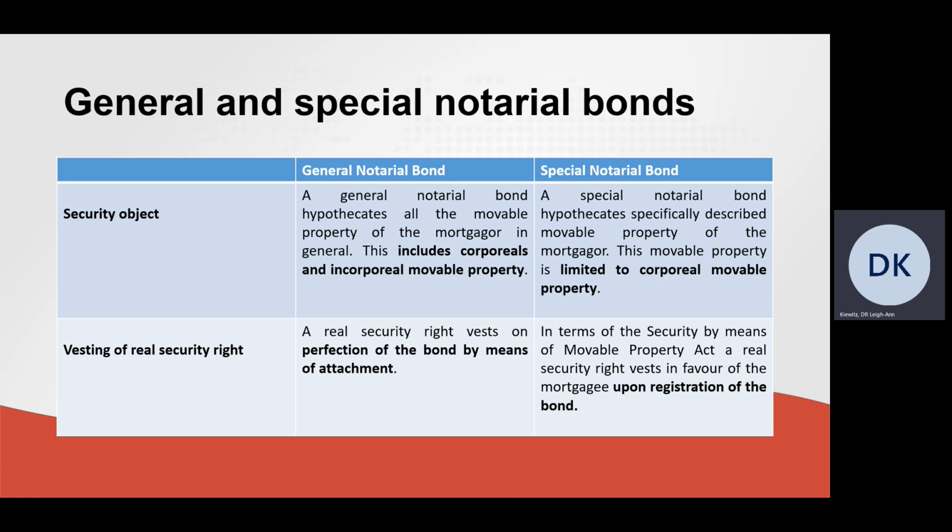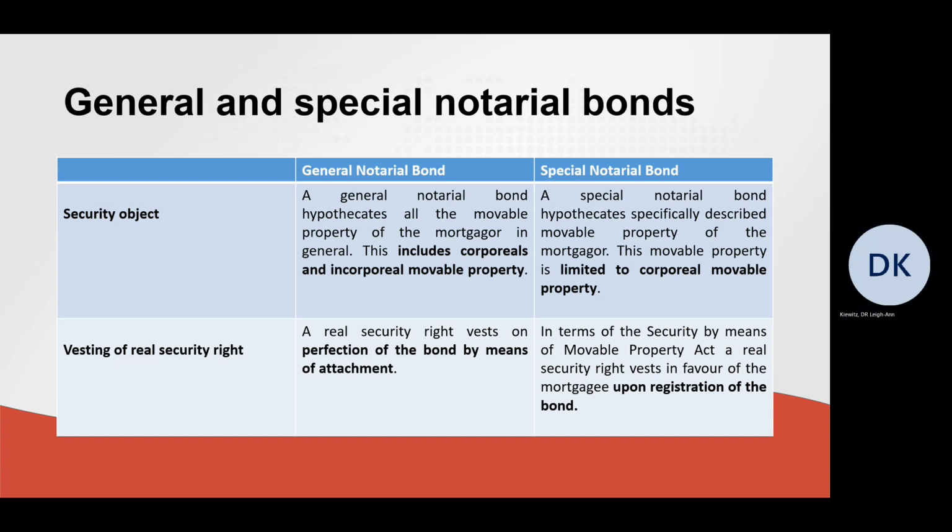Now, with regard to the security object, a general notarial bond hypothecates all the movable property of the mortgager in general. This includes corporeal and incorporeal movable property, whereas a special notarial bond hypothecates specifically described movable property of the mortgager. This movable property is limited to corporeal movable property.